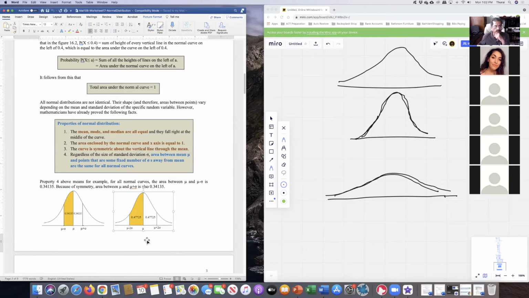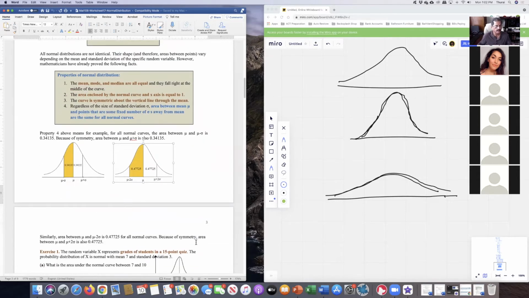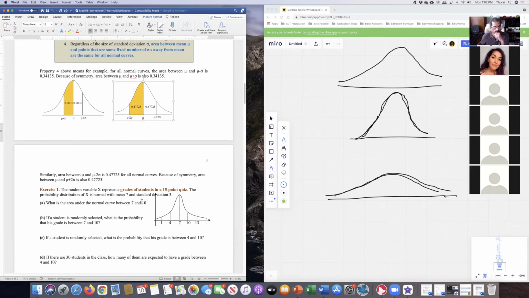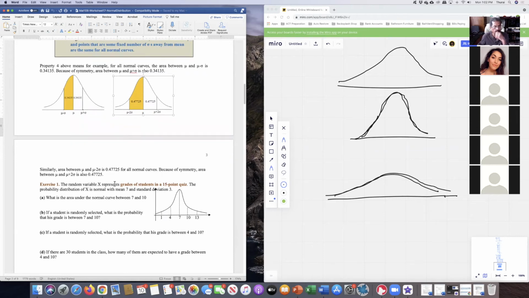So if you want the area between mu minus 2 sigma and mu plus 2 sigma, just double one of them. All these numbers are already known, and they are given in a table, and we are going to learn to use the table to figure out these areas. The areas are equal to the probabilities, so we can calculate the probabilities by using the table.